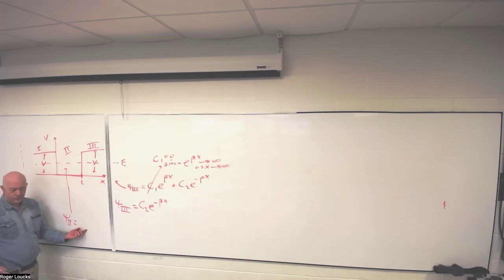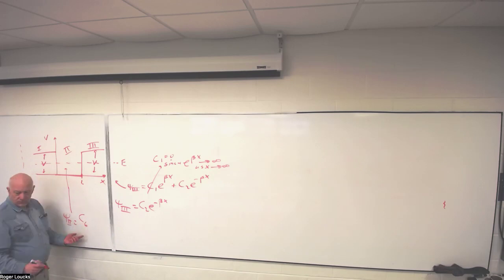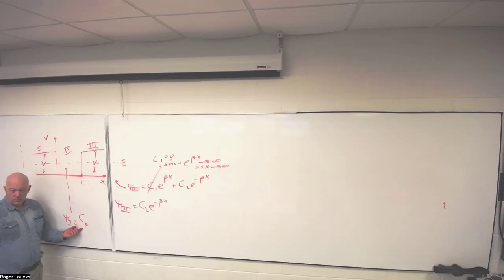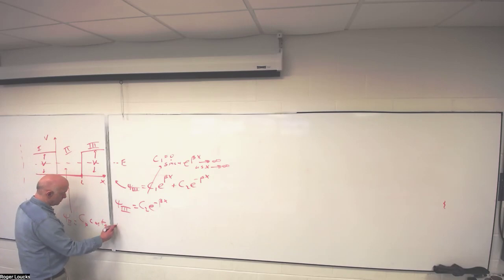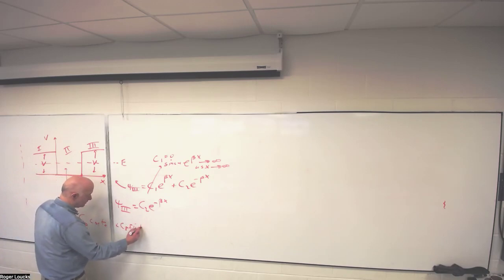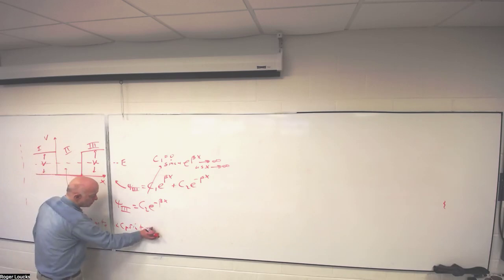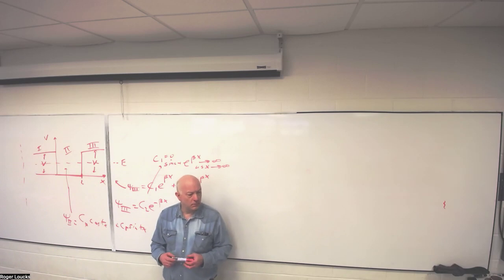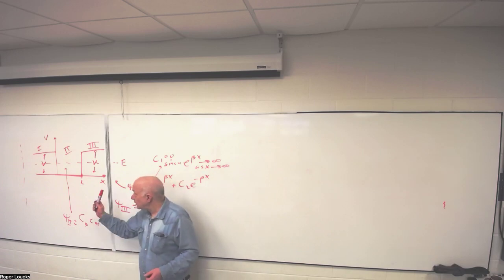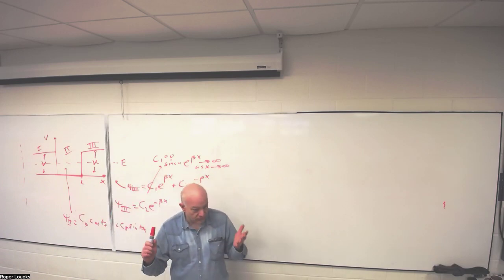We had C5 cosine kx plus C6 sine kx. Okay, would anything go off to infinity in that region? Nothing. It's offsetting here, and not only that, the region is finite as well. So nothing can go off.